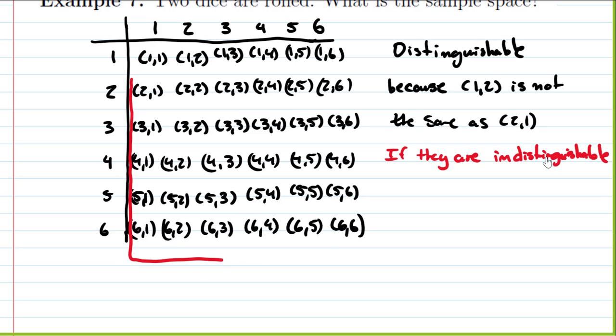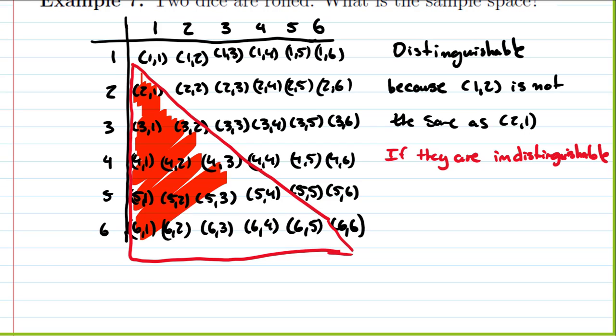It would be everything down here on this lower half, right? Because then all of this down here would match up with one of the things up there.